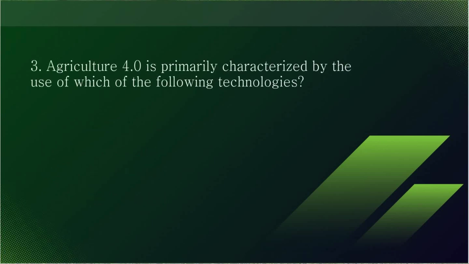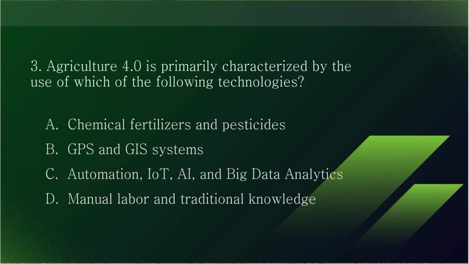The next question is, Agriculture 4.0 is primarily characterized by the use of which of the following technologies? One is chemical fertilizers and pesticides. Second is GPS and GIS systems. Third is automation, IoT, AI and big data analytics. Then the fourth is manual labor and traditional knowledge.